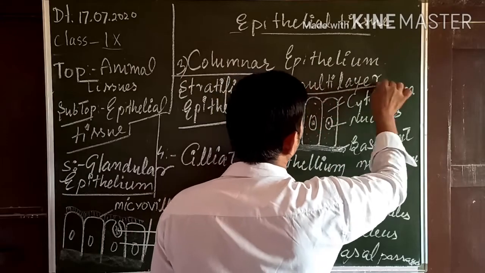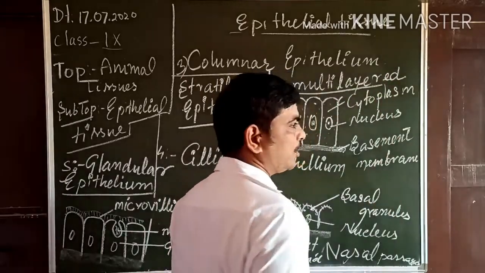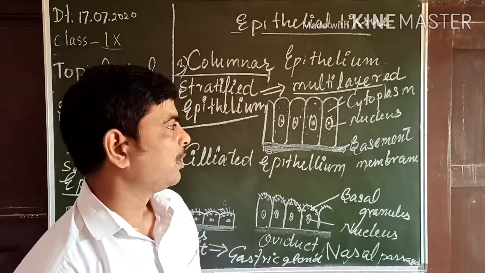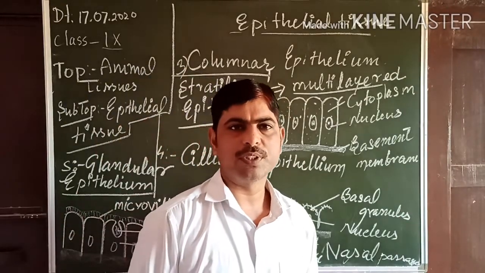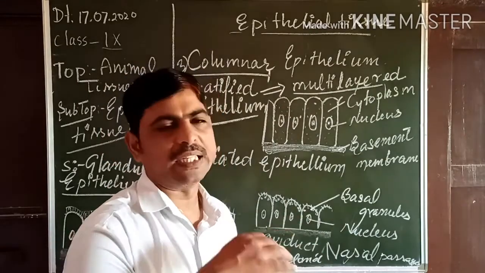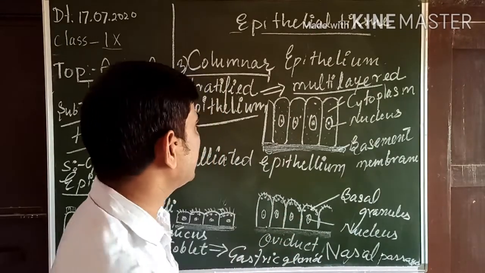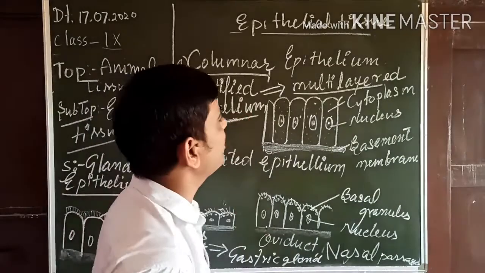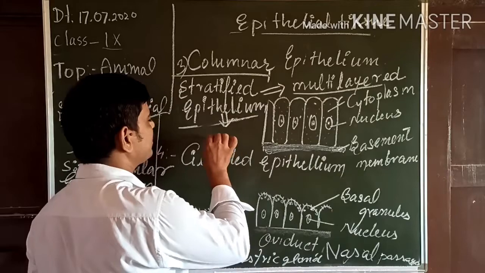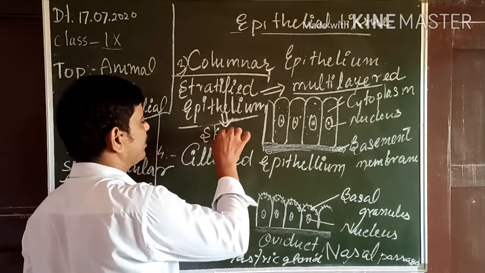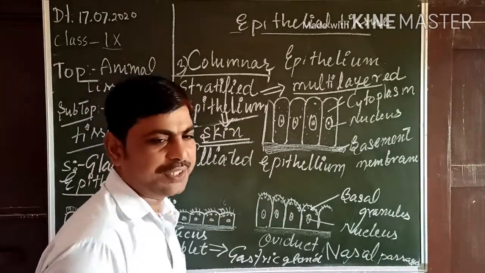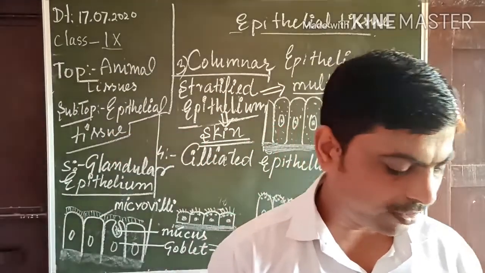Especially at the top, there will be squamous epithelium and some ciliated epithelium, meaning different layers are there. So that is the stratified epithelium. For an example of location, you can write the skin. Skin has multi-layered epithelial cells.